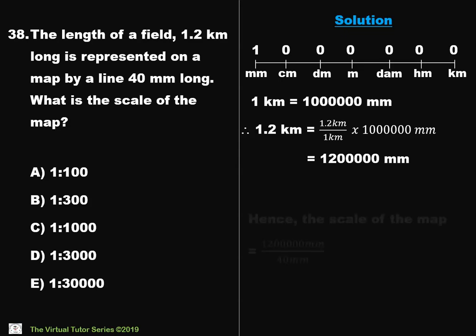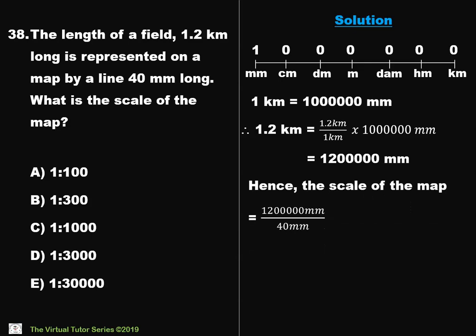That is 1,200,000 millimeters over 40 millimeters. This gives us 30,000. This means that 1 unit on the map represents 30,000 units on the ground. Therefore, the correct answer is option E.